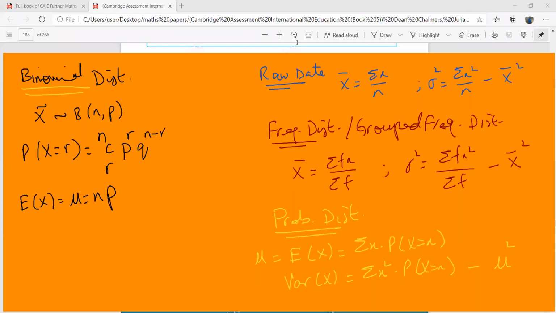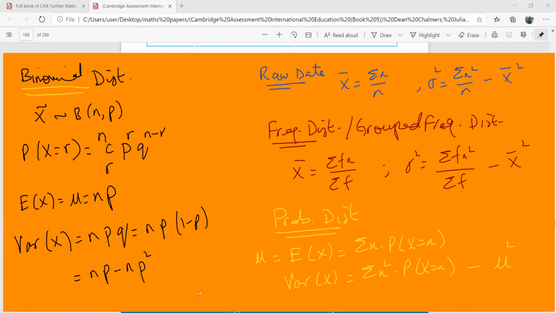The formula for the variance of this binomial distribution is npq. If you change q with 1 minus p, the same formula for the variance also becomes np minus np squared.